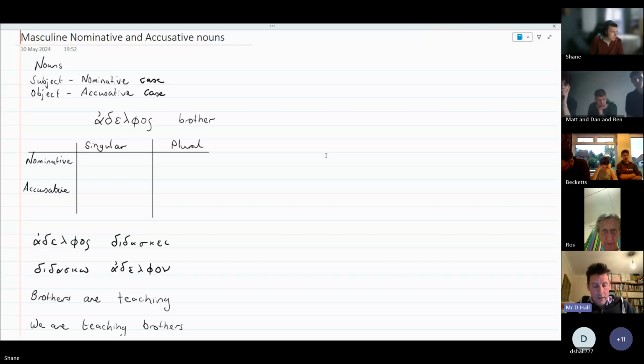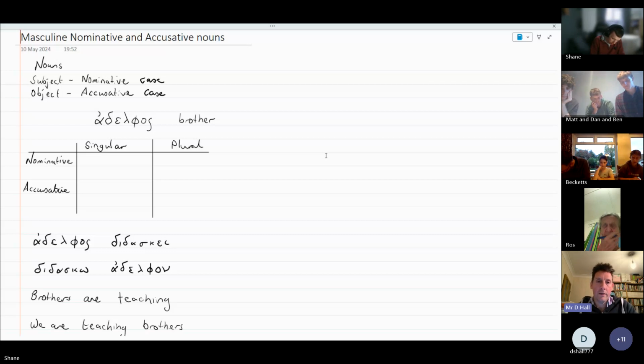So let's look at a word. The word I've given you here is adelphos. You're probably getting more familiar with using Greek letters and how they sound. So this one together, adelphos, means brother. And it's a masculine word. Again, something a bit different to our English language.